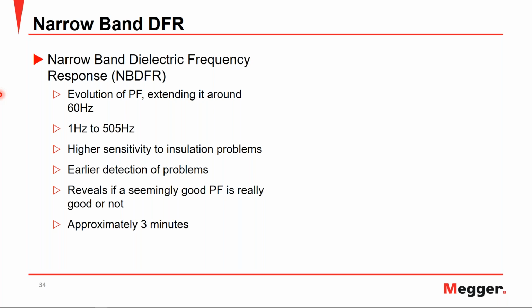The range is from 1 to 505 hertz. What this offers is higher sensitivity to insulation problems, as well as earlier detection during the deterioration stages. And that question of, is my power factor really good or not, becomes a little more clear with the higher sensitivity and the power factor across the range. The 10 measurements in the range of 1 to 505 hertz take approximately 3 minutes.